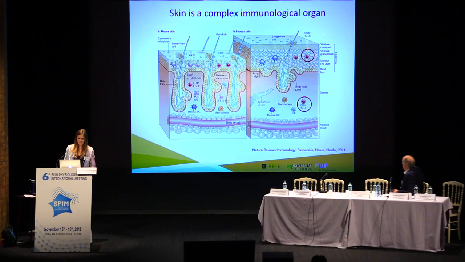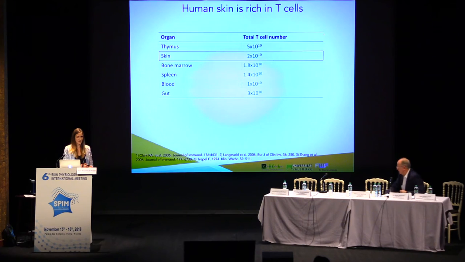So therefore, there is a need to develop an in vivo mouse model that would allow us to study this tissue immune system in vivo. So why are we so interested in T cells in the skin? When you look at the skin, you can see that it harbors 20 billion T cells, which is double the number of T cells found within the whole blood circulation.